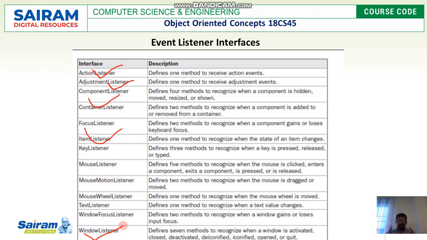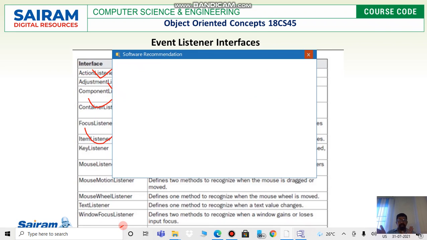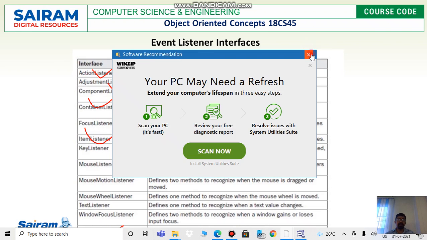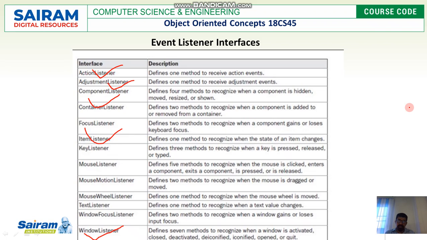The window listener interface has methods that recognize when a window is activated, closed, iconified, or deactivated. For every action, there is a method associated with it.